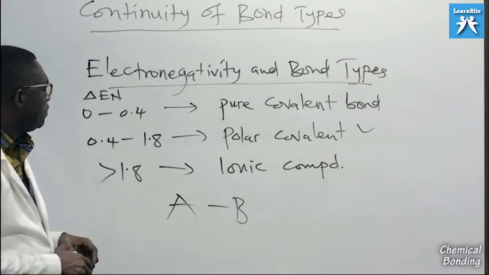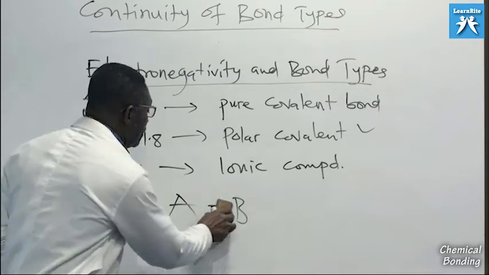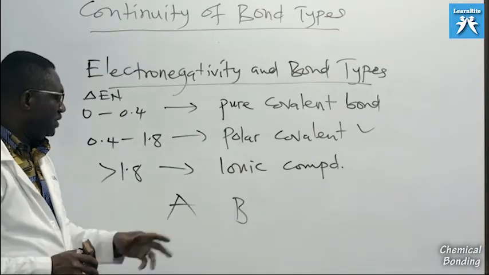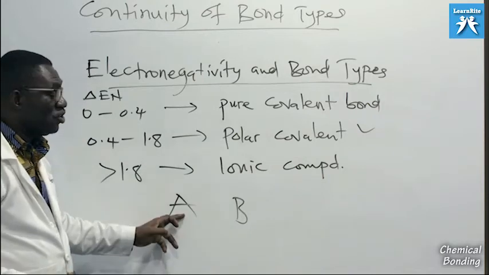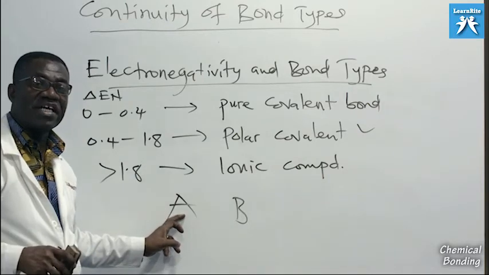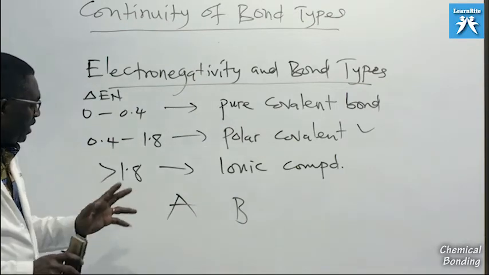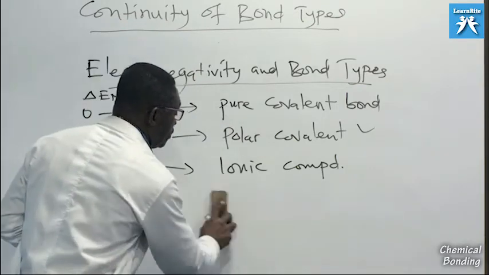The other atom B will be so electronegative that it will accept the electron and keep it. And the first atom will have low ionization energy and low electronegativity, so it can conveniently donate the electron, and that will be free. So that is the theory we use.